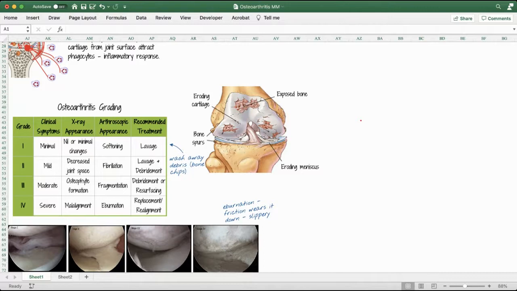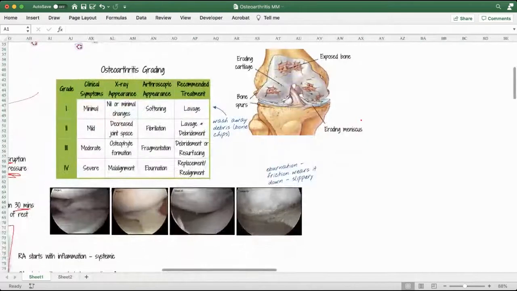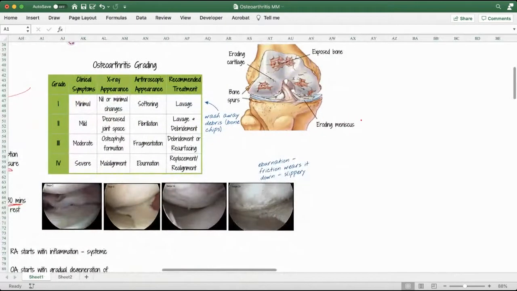And then, as with every other disease, we have a grading system. And unfortunately, you basically just have to memorize it. It does make sense, though. Grade 1, you have minimal clinical symptoms, very little damage seen on the x-ray.